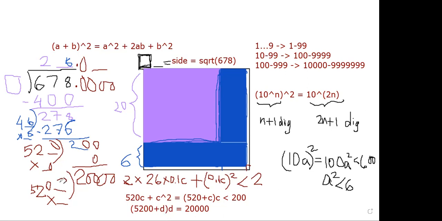Okay, so let's do that. So that's 9,061. And that's definitely smaller, so it can be subtracted.